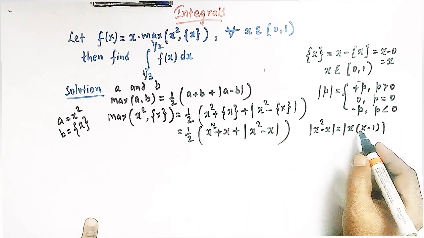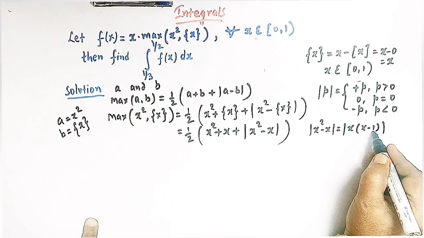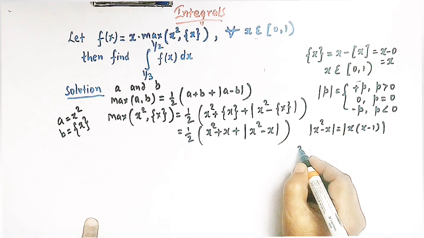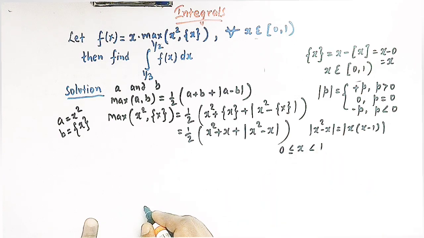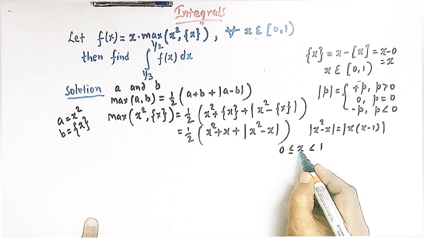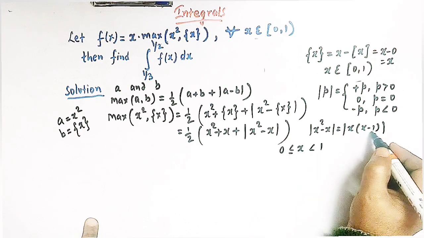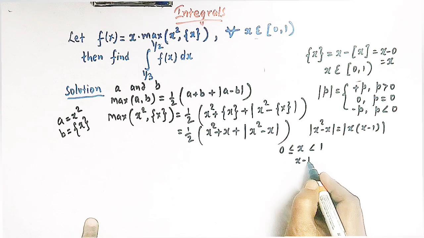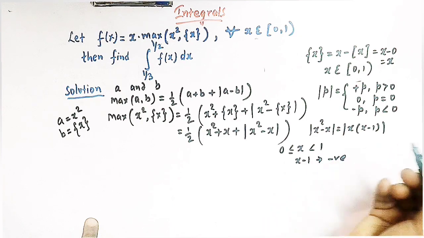So let us concentrate on this term, that is x minus 1. Now see, x lies between 0 and 1. So whenever we have x lying between 0 and 1, then this expression x minus 1 is always going to be a negative quantity.